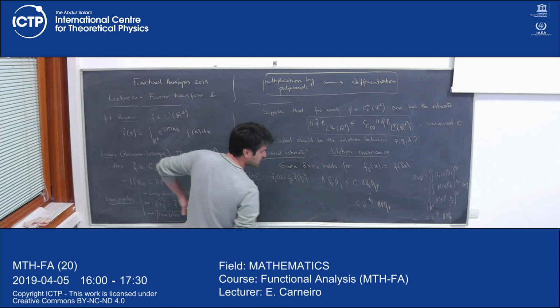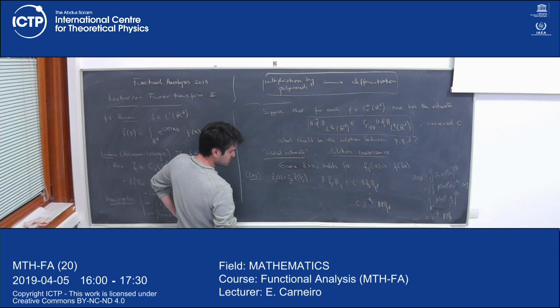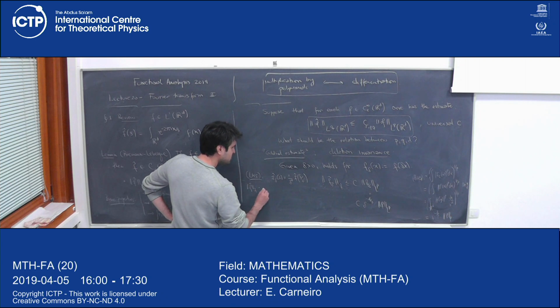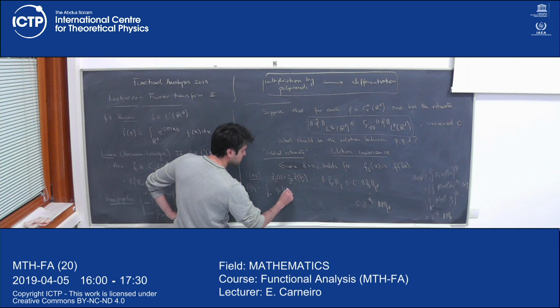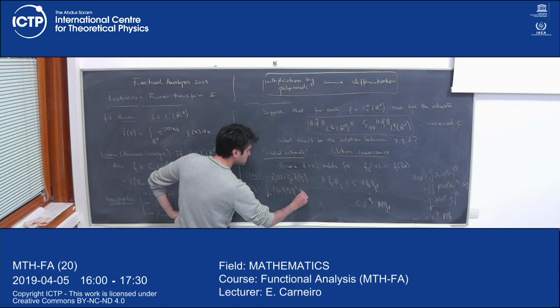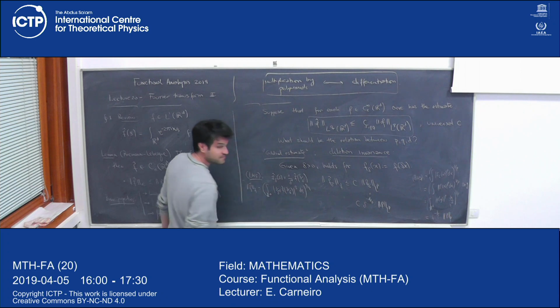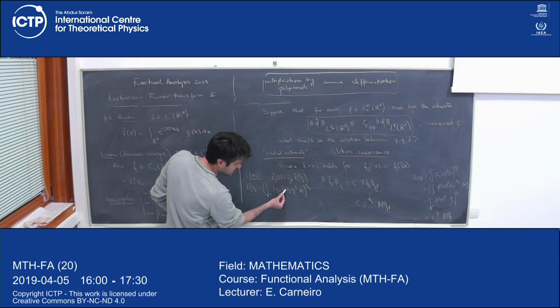Then I just calculate the LQ norm. The LQ norm of this f delta hat is just the integral in R^d over this object, f hat of ξ over delta, this whole thing to the q, dξ, to the 1 over q. And then you just change your variables again.